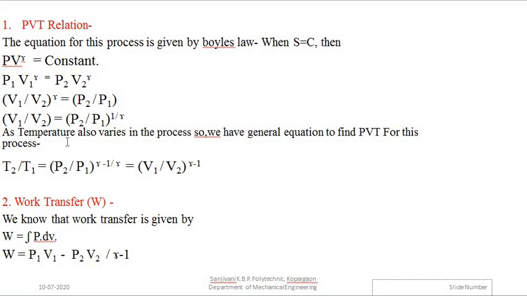Therefore, by solving the complicated derivations in the thermodynamic analysis of this process, we get a generalized equation which gives the relationship between the pressure, volume and temperature for the constant entropy process or the adiabatic process. So this relationship we can use to solve the problems.